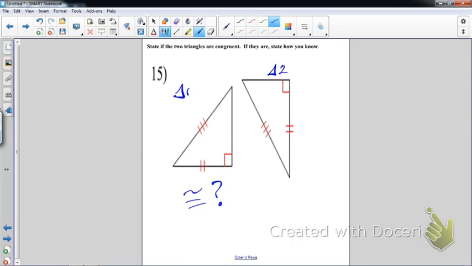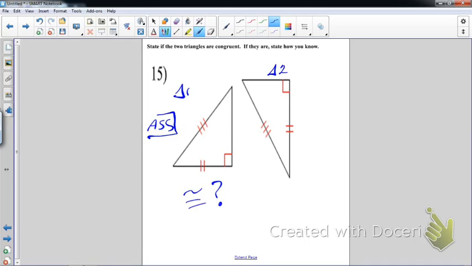What I notice about triangle number 1 is that I have angle, side, nothing, angle. So I have angle, side, nothing, right? There's nothing here. And remember, I'm allowed to skip a side or an angle, and then I have another side.